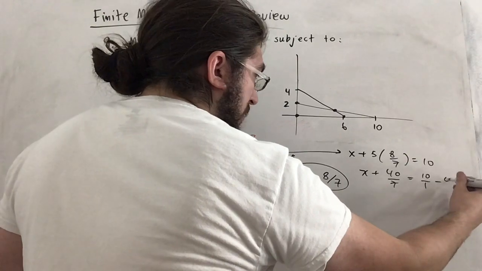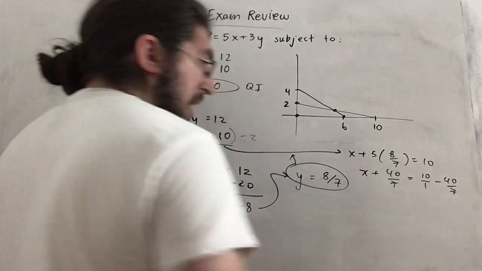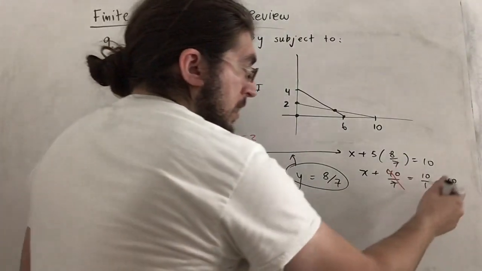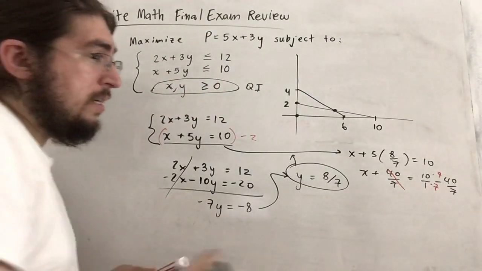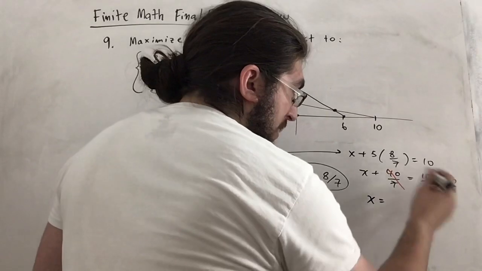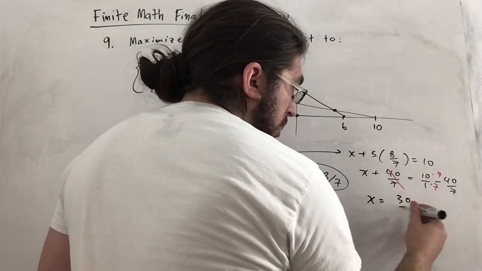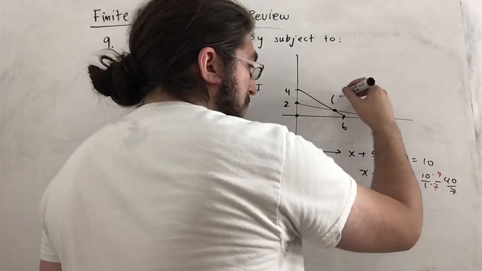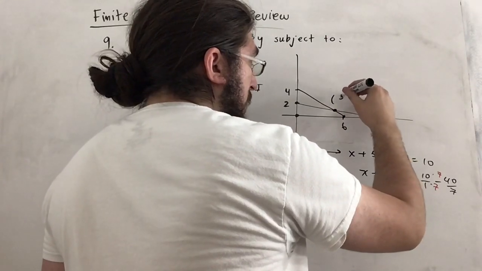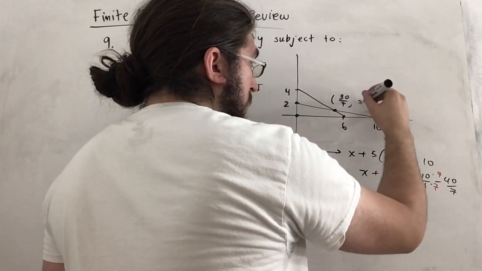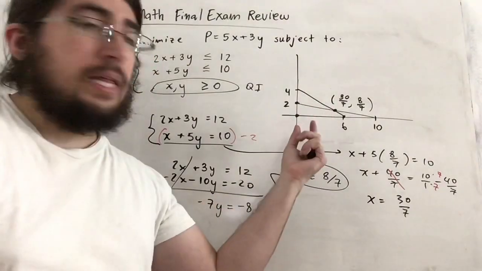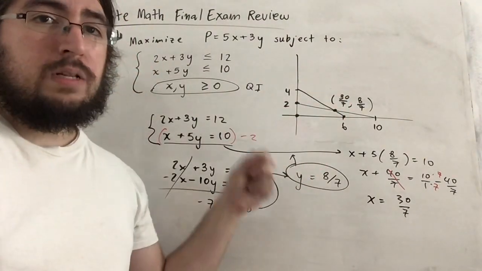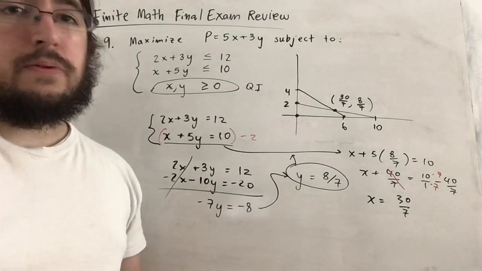I'm going to subtract 40 over 7 from both sides, and of course we need a common denominator. If you multiply top and bottom of 10 over 1 by 7, you get 70 over 7. So x would then be 70 minus 40, which is 30 over 7. So this point is actually the point (30/7, 8/7). That makes sense because 30 over 7 will definitely be less than 6, and 8 over 7 will be a little bigger than 1, but still smaller than 2.